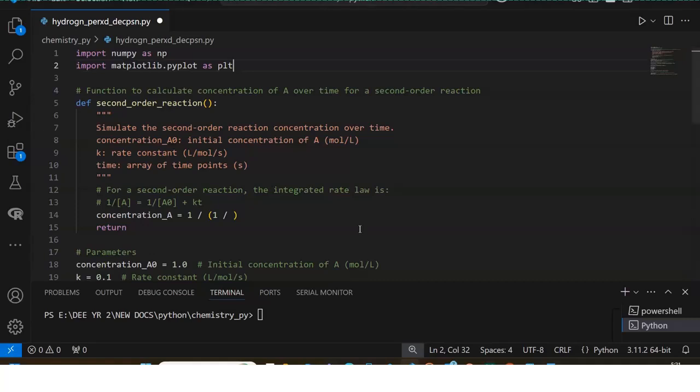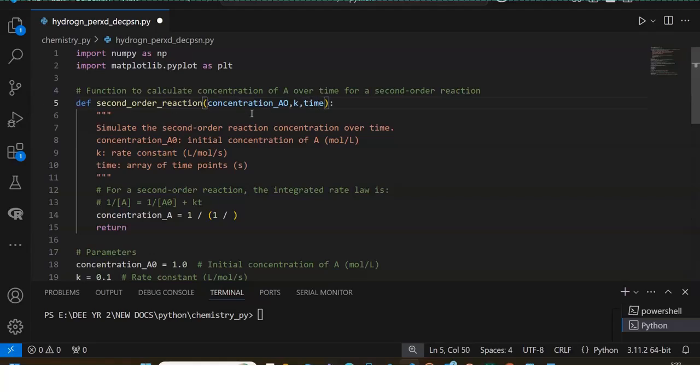So let's go back. Now this model is going to be, we are going to call it concentration A. Remember, we are supposed to call it hydrogen peroxide, but for simplicity and to make our code look uncluttered, we are going to be using A. So concentration, comma, we said we need the k, we need the time.